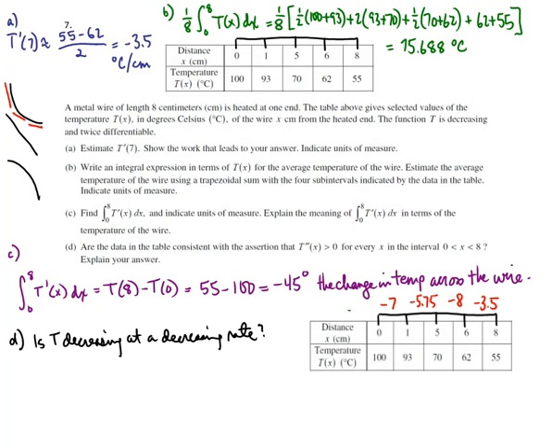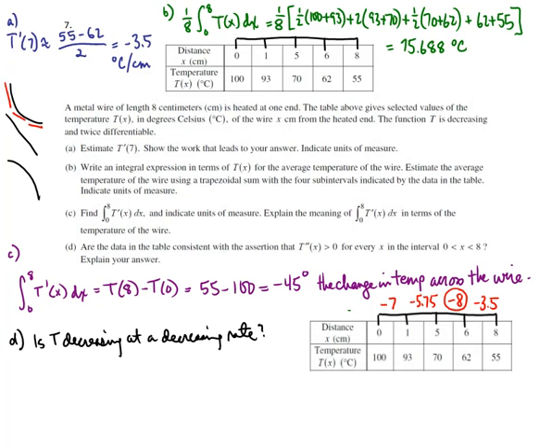And that would be fine, except that at negative 8, between 5 and 6, the derivative begins to increase. So the derivative is decreasing, and then it begins to increase, and then it decreases again, which means that the data in the table are not consistent with the assertion that the second derivative is positive for every x in the interval from 0 to 8.